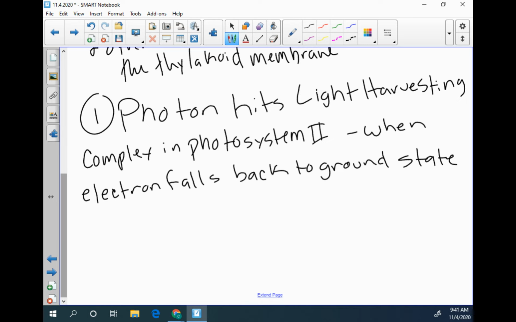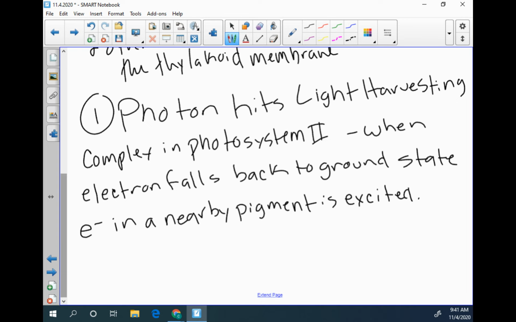So an electron in a near pigment is excited until it reaches the P680 pair of chlorophyll A molecules in the reaction center.